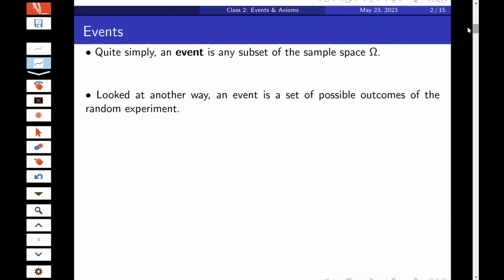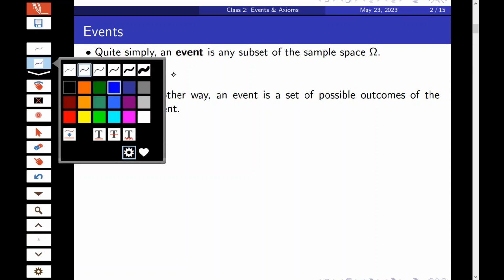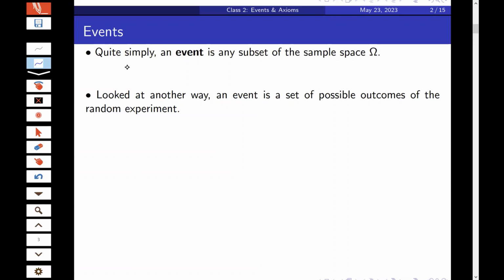In short, an event is a subset of the sample space. You now know how to find the sample space, so after you find the sample space, your event is going to be a subset of that sample space. I will discuss a few examples later. Before that, I want to show you how to denote it.